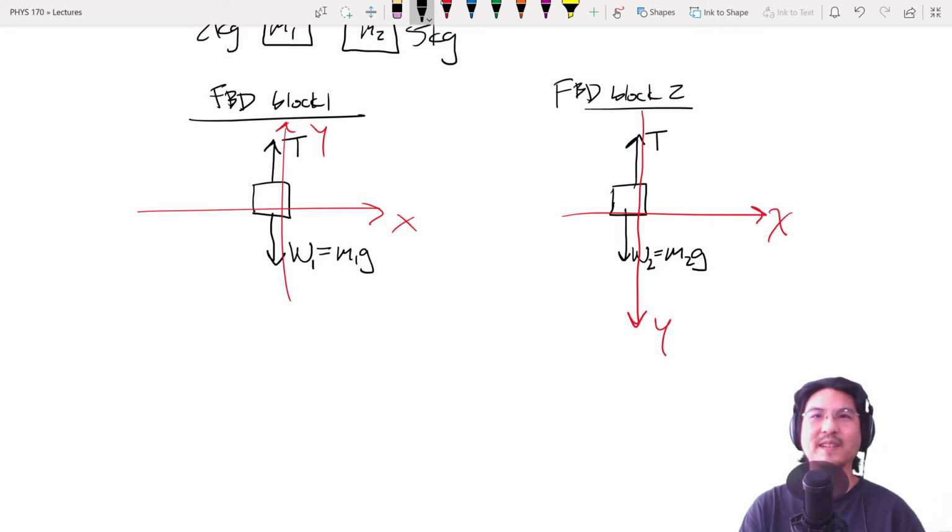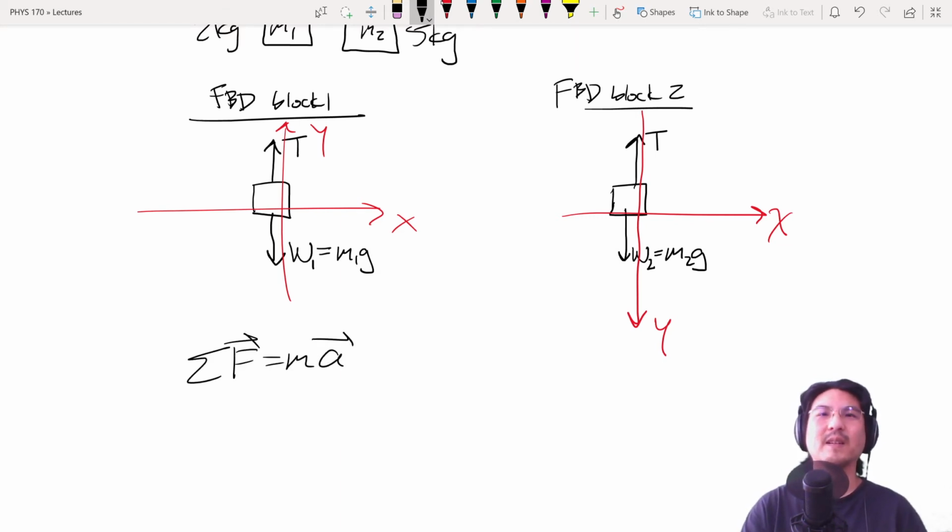Step 3, let's write out Newton's second law. Newton's second law is the one that looks like this. But let's decompose it into components. So instead of Newton's second law being this vector equation, we'll split it into just the x component, just the y component.